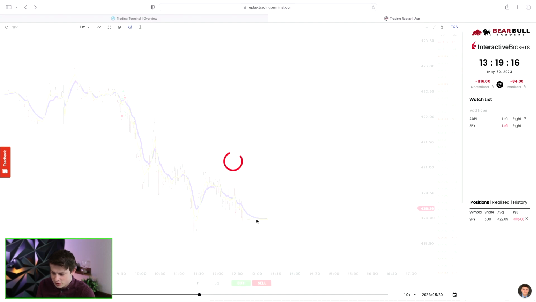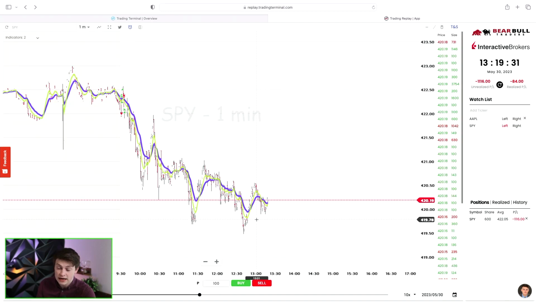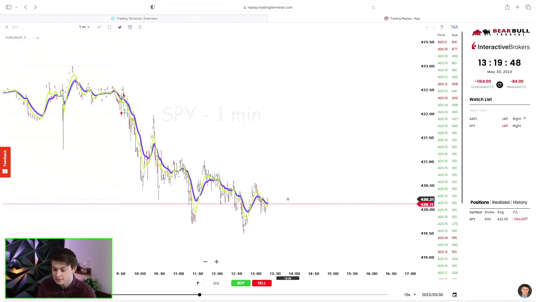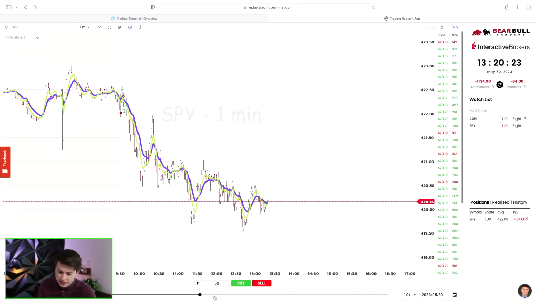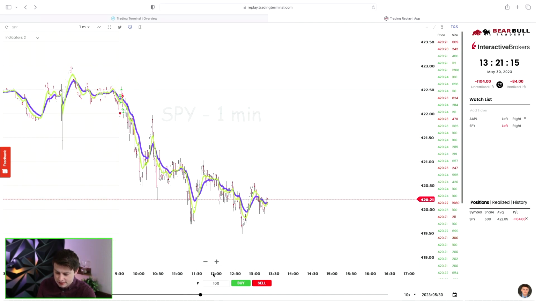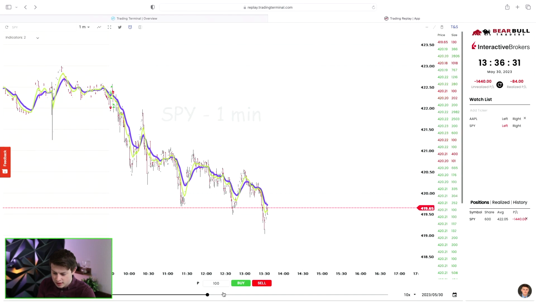At this point we would have stopped out. Say the maximum I want to lose is $200. I would have stopped out, stopped playing, and reevaluated. Obviously, I would understand that this is a bearish day that we're having today.